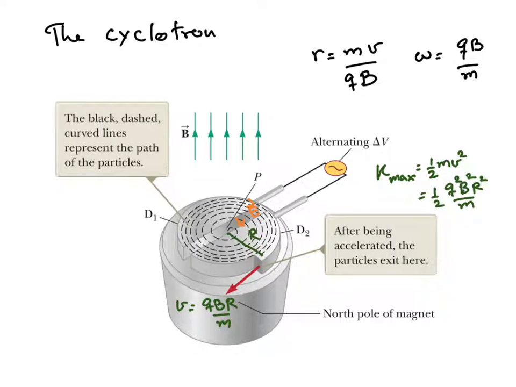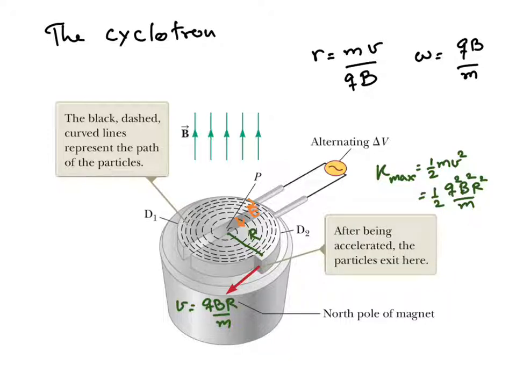So when the particle moves in a circular path in this region, the frequency of the circulation will be the same. It's a constant. It does not depend on the radius of the circular path, but the radius depends on the velocity of the particle.